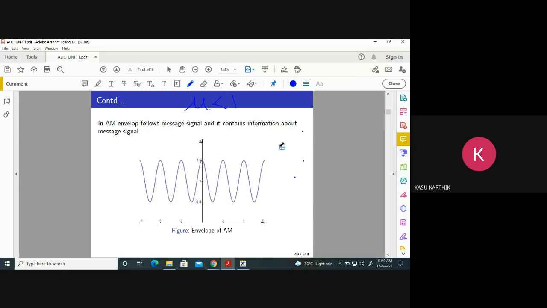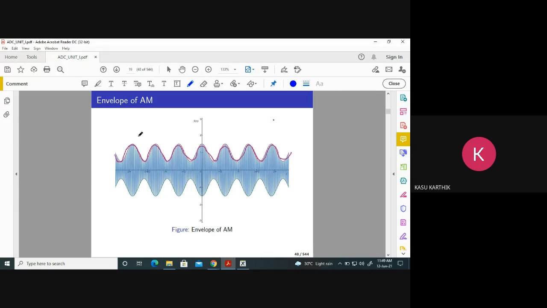Envelope resembles the message signal because it follows the message signal, and it also contains information about the message. So let us go back. How does the envelope look? Exactly like your message signal.